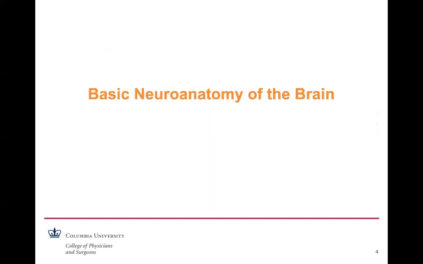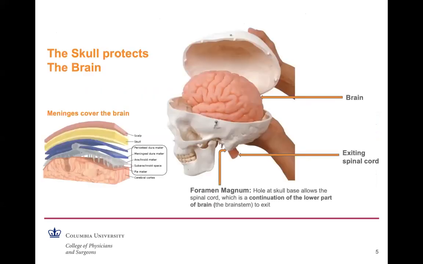So we're going to talk about some basic neuroanatomy of the brain. The brain is probably the most important organ that human beings have. I sometimes get into arguments with our cardiologists about which organ is more important, but there's no question in my mind that without the brain, there really is no life.